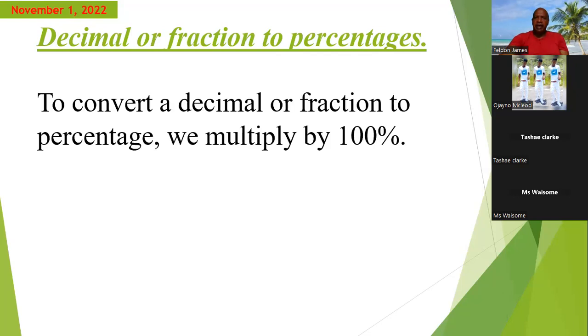All right, so to convert decimals or fractions to percentages is pretty straightforward. You simply multiply these numbers by 100. You multiply the fraction by 100 if you're converting it to a percentage, and you also multiply your decimals by 100. Remember that decimals are really fractions written in a special way, with powers of 10 in their denominators.